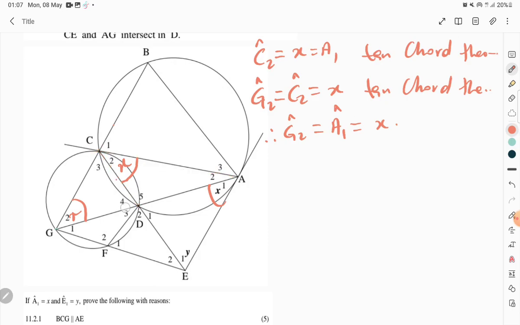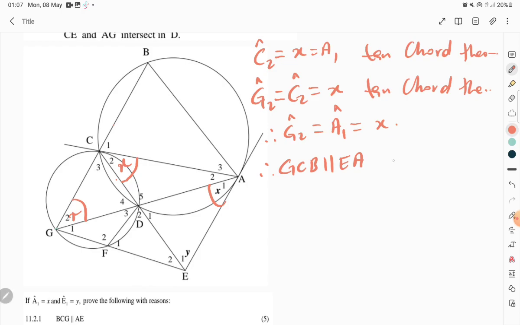So we have that information now, that GCB is parallel to EA. The reason is that the alternate angles are equal. Otherwise, if the alternate angles were not equal, then these lines would not be parallel to each other.